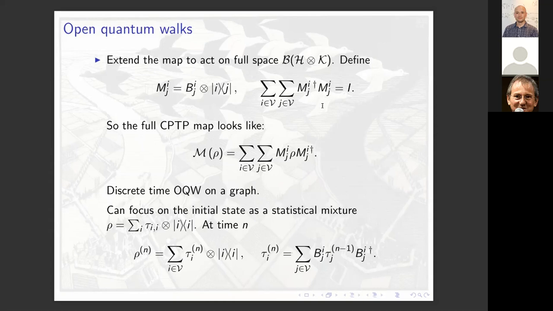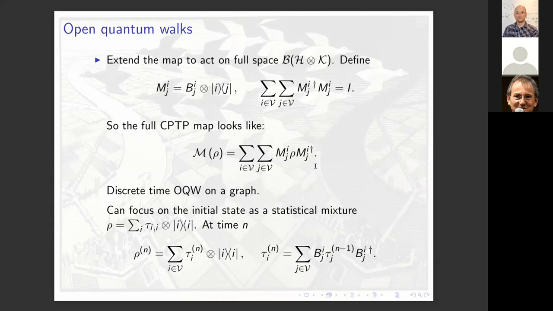Now the full map acting on the density matrix rho is given by this expression: we sum over I, we sum over J, M_ij rho M_ij dagger. So here we really are thinking about a discrete time open quantum walk on a graph.